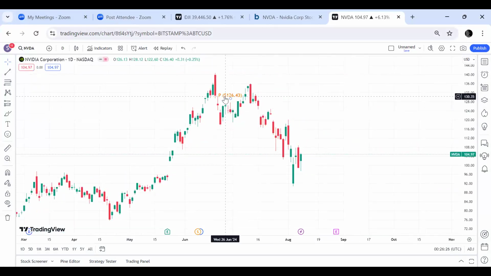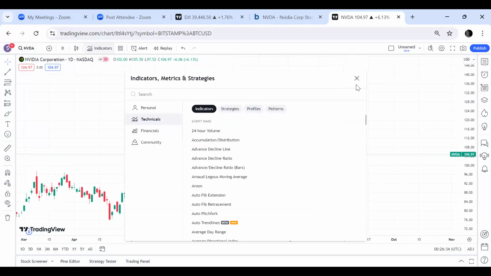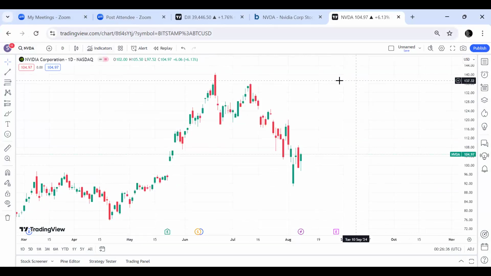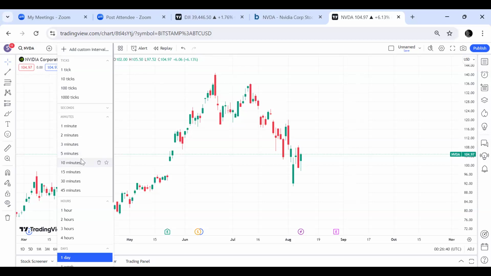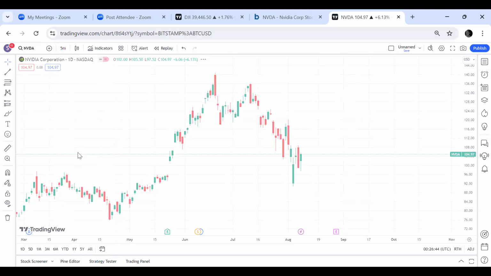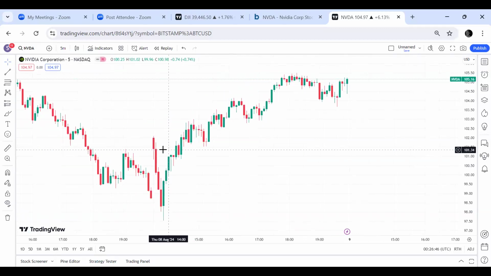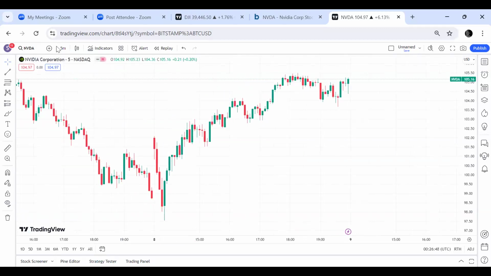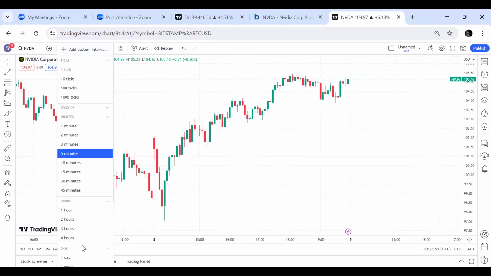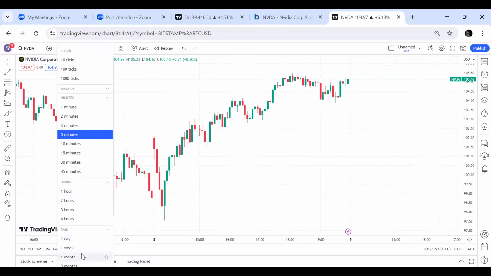Yeah, for example, just for understanding, I have taken Nvidia, but you can take any other stock. If you are doing intraday trading or scalping, then go for a 5 minutes time frame or a maximum 15 minutes time frame. 5 minutes will be better. But if you are looking for the long term, then obviously look at the daily or weekly time frame.